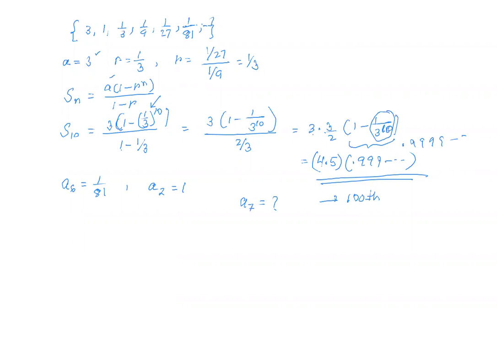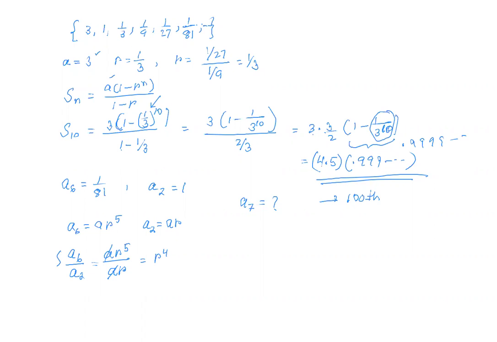Easy. Remember, A sub 6 is A times R to the power 6 minus 1, which is 5. And A2 is A times R to the power 2 minus 1, just R. So you can do A6 divided by A2, which is equal to A times R to the power 5 over AR, right? So now the A's cancel out, R to the power 5 over R is R to the power 4, right?